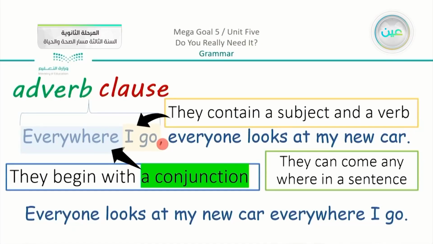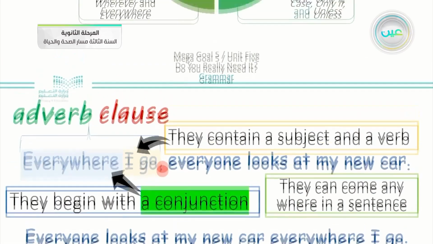Now we said that the adverb clause starts with a conjunction. It does have a subject and has a verb in the clause, and of course you can switch and rearrange the sentence. But if you do have the adverb clause in the middle of the sentence, you do not need the comma, as we explained.